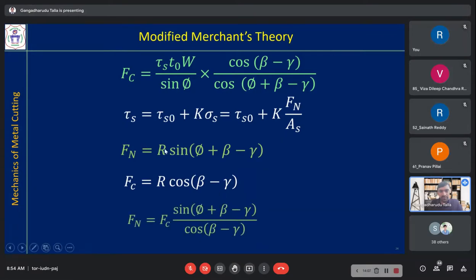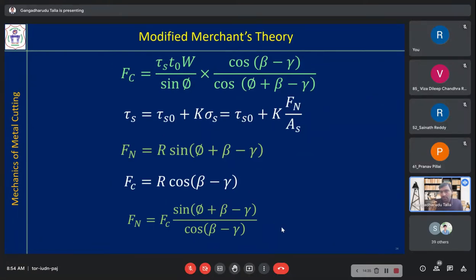Now from these two, you can divide them: Fn by Fc is equal to sin(phi plus beta minus gamma) by cos(beta minus gamma). So finally, Fn is equal to Fc sin(phi plus beta minus gamma) by cos(beta minus gamma).